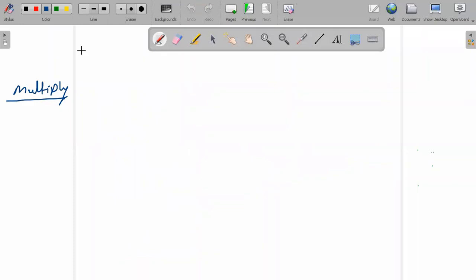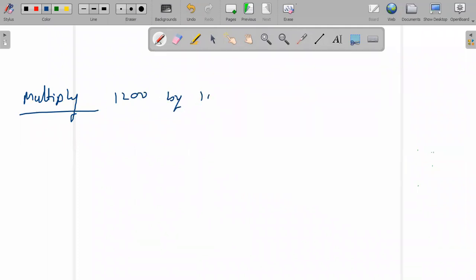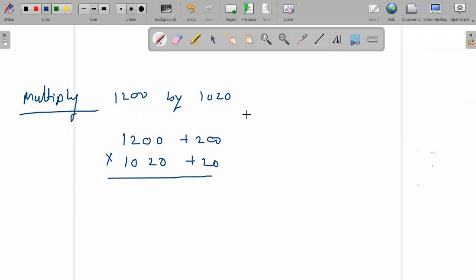Let's have one more example of this kind. Multiply 1200 by 1020. Let's do the multiplication: 1000 plus 200 plus 20. What is the base? The base will be 1000.